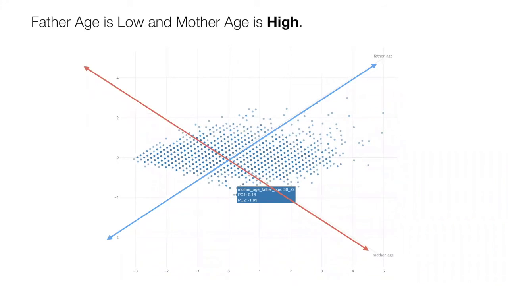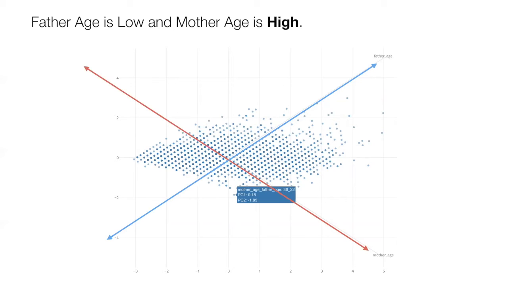Then when you pick another one here, this one is on the red axis, the mother age measure, which is 36, higher than the 0 point. It's kind of weird to say, but it's higher because it's toward the right-hand-side bottom compared to the 0. But the father age here is lower than the average.